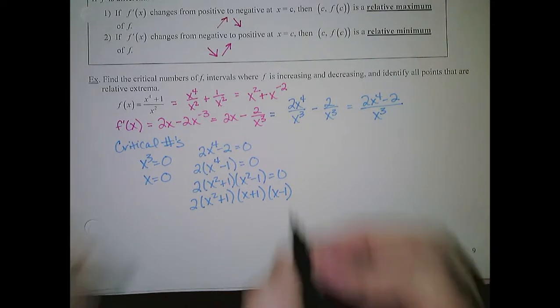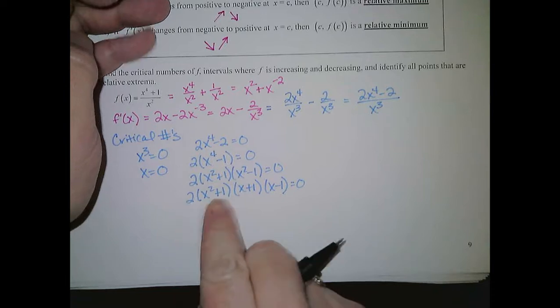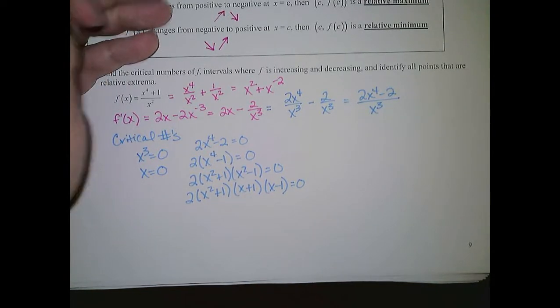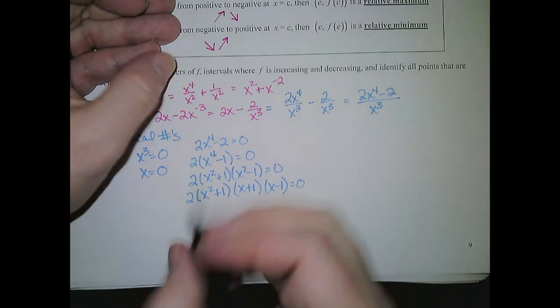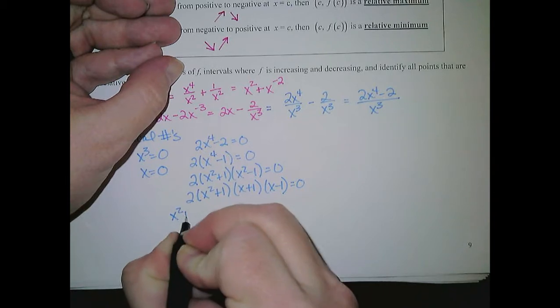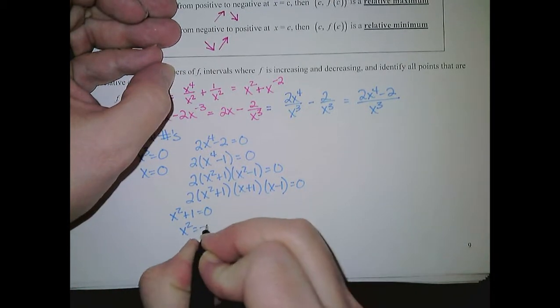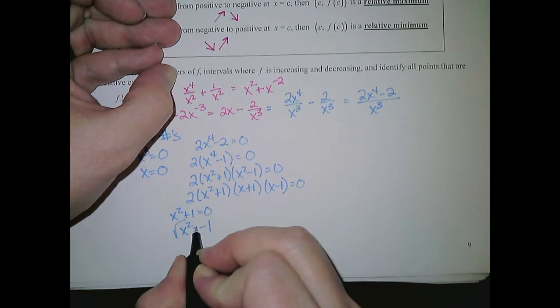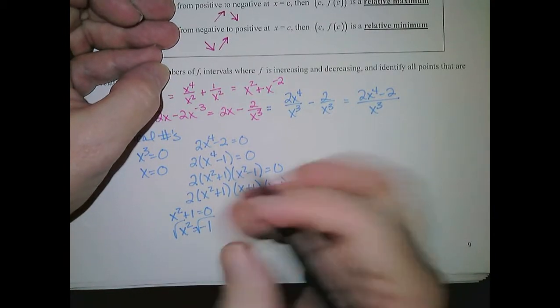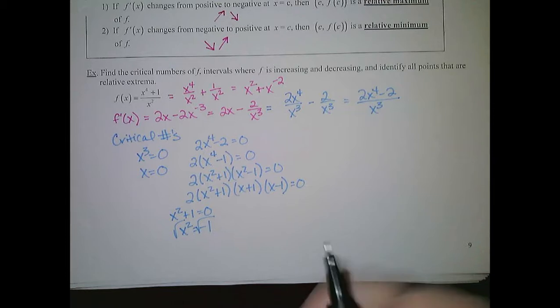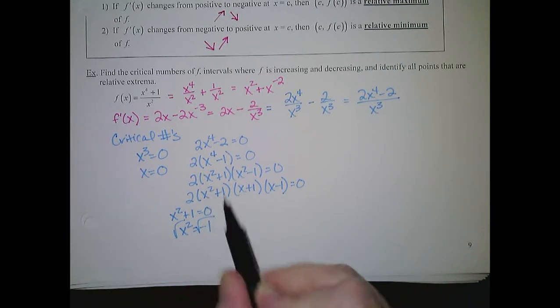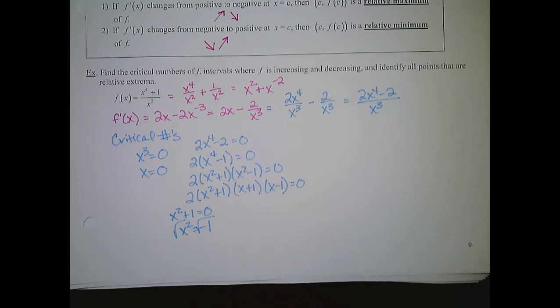And so in order for that derivative to be equal to 0, any of these factors would have to be equal to 0. Obviously, 2 is not going to be equal to 0. If we take our first factor, x squared plus 1, and set it equal to 0, then we have x squared equals negative 1. And of course, if we try to take the square root, we're not going to get real numbers. So there's no value that's going to make this factor equal to 0.